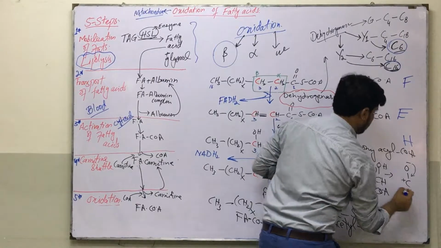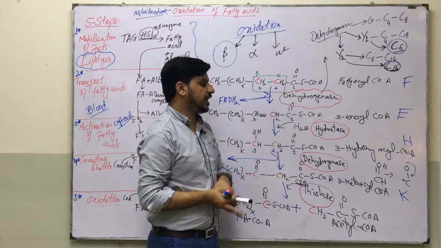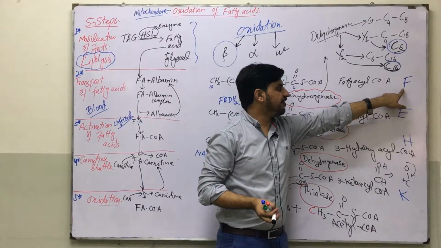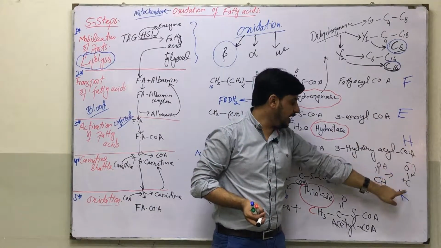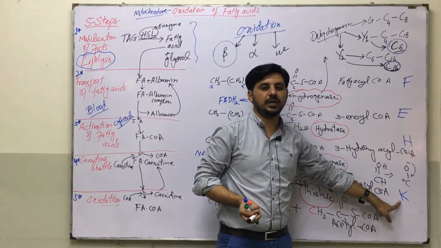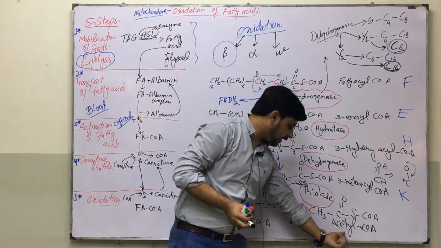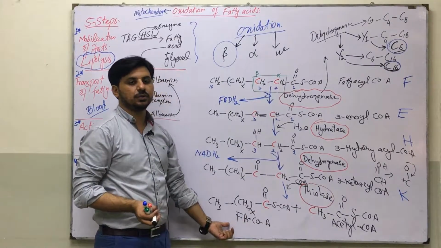Its mnemonic can be FAHC: F for fatty acyl CoA, E for enoyl CoA, H for hydroxyacyl CoA, and K for ketoacyl CoA. After that, we will have one molecule of acetyl CoA and again fatty acyl CoA.